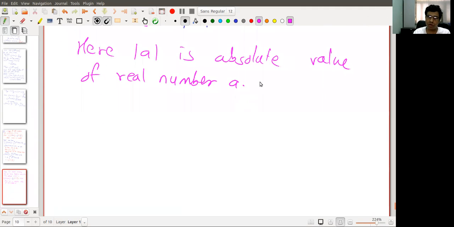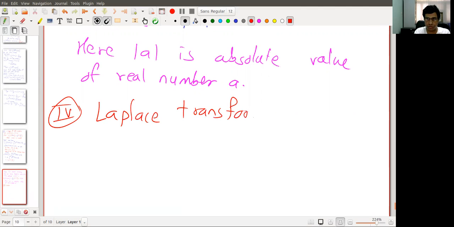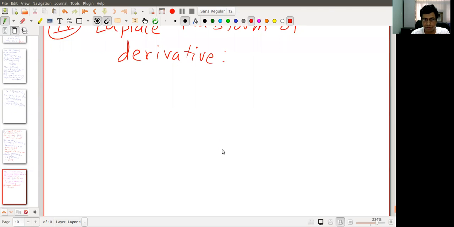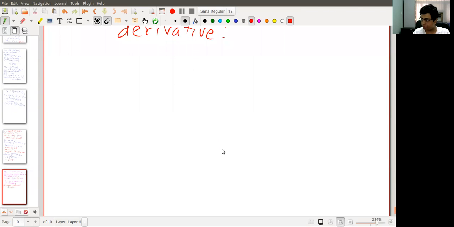Now we move to the next property, that is Laplace transform of derivatives. Fourth, Laplace transform of derivatives. This will be very useful while solving differential equations.